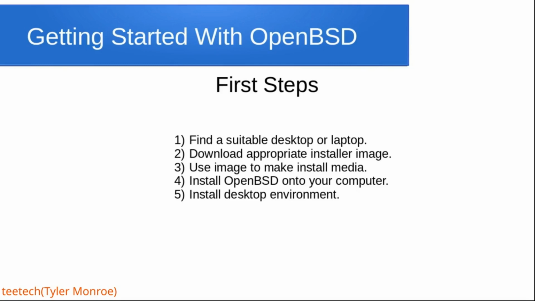On top of that, though, you have to install a desktop environment. A desktop environment is just a set of programs that are able to control your computer's graphics card, display images on your monitor, and let you move application windows around and things like that. So that's the 5 basic steps.